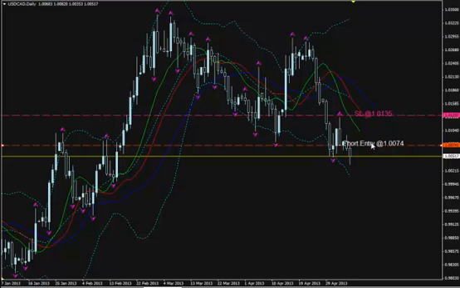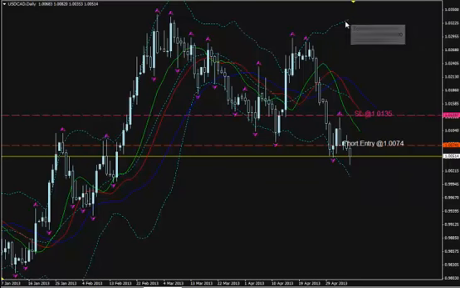Let's have a look at the bigger picture of the market using this system. First of all, before you go to the bigger time frame, we are looking at the daily chart here. So each candlestick represents 1 day's price movement.